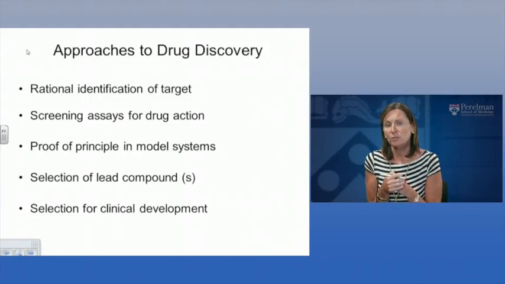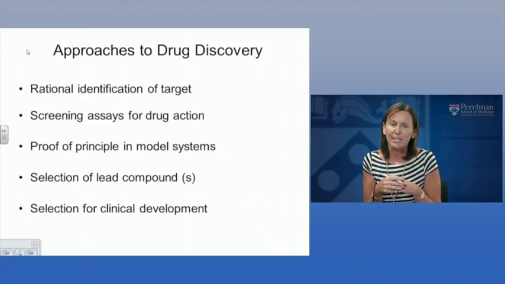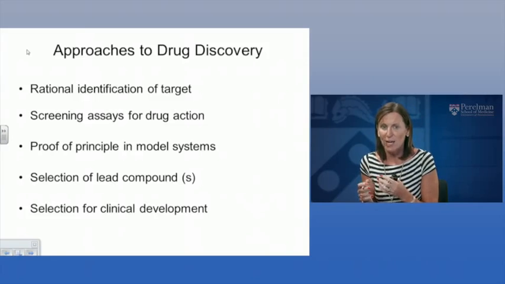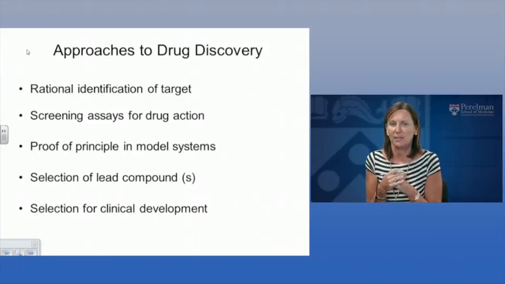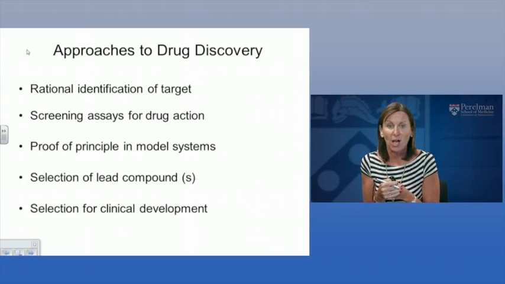And I will tell you that the drug discovery phase is an ever-expanding domain. We are eternally in pursuit of ways in which we can assess drug action outside of animals and outside of humans for obvious ethical reasons. So this concept of coming up with lead compounds for preclinical development is very important and actually also very exciting.